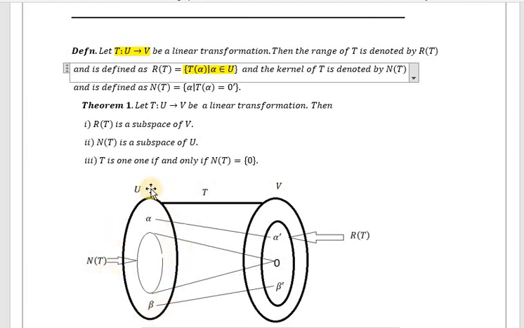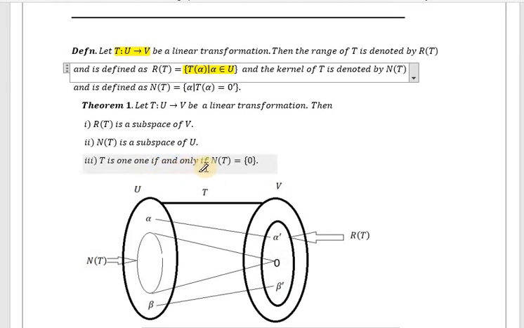See, this is the transformation defined from U to V and U is the domain and V is the codomain and the T of alphas is the range set. Range set is always a subset of V and N of T is a subspace of U because the elements which are in U mapped to 0 is known as the null space.